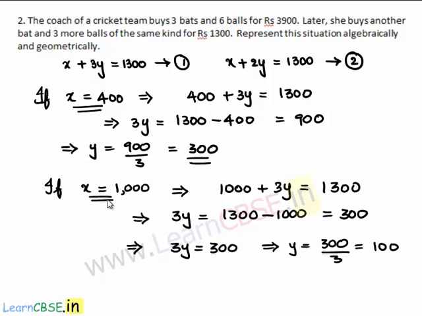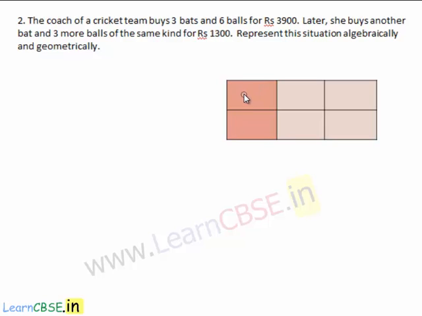So if X is equal to 1000, the value of Y is 100. So let us tabulate these values in order to find out the graphical representation. So let us write down X here and Y here. So if X is equal to 400, we got the value of Y as 300, and if X is equal to 1000, we got the value of Y as 100.